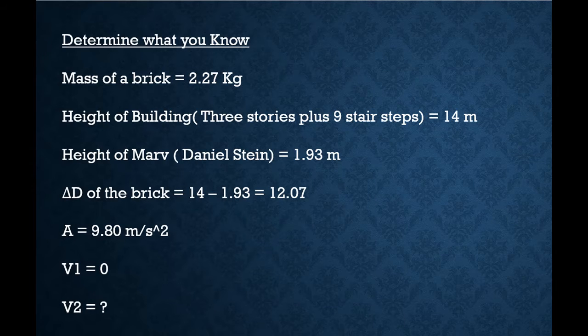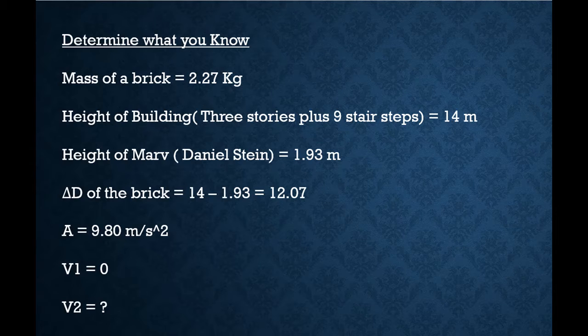So, we know that the mass of a brick is 2.27 kilograms, and the height of the building is 3 stories plus 9 steps, which is around 14 meters. The height of Marv, or Daniel Stein, is 1.93 meters. Therefore, the total distance traveled by the brick would be the total height of the building minus the actor's height, which would be 12.07 meters.